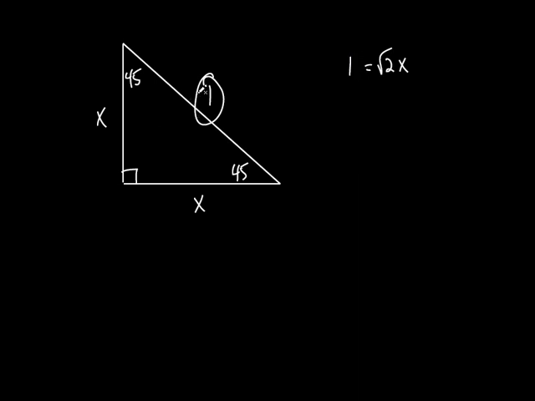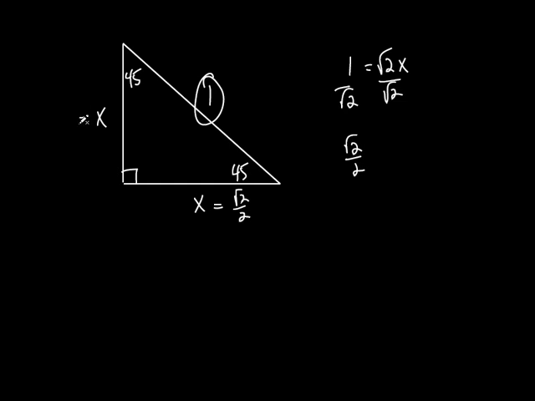It's not 2x, it's the number 1. Remember, I made the hypotenuse 1. Don't worry about why; there are reasons you'll learn later. How would I solve for x? Divide by the square root of 2. Now, let's simplify that. It's the square root of 2 over 2. So that's what x is equal to.